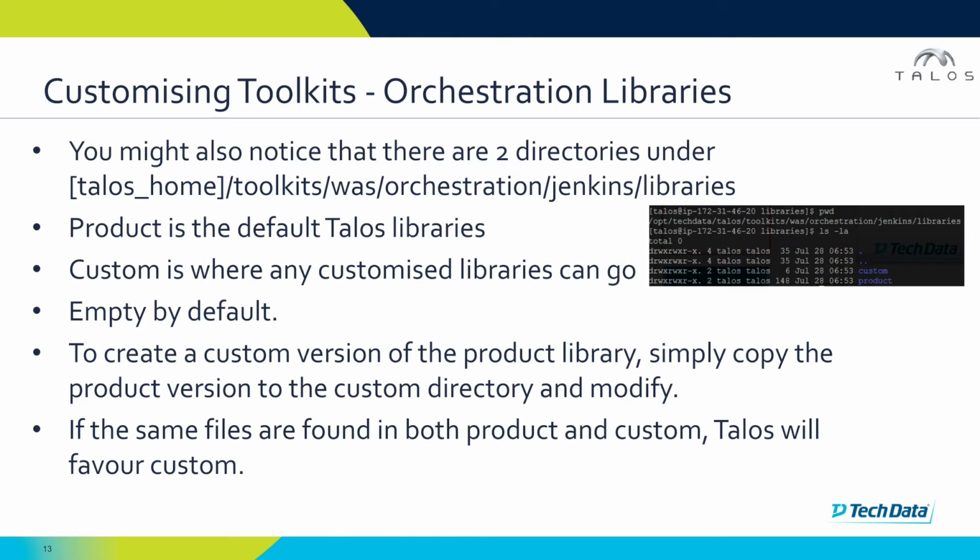Custom is just an opportunity for a user, if they have custom needs or they see a better way of doing things, they can put their own files there and it will use those libraries instead of the product ones. So it's empty by default, and to create a custom version, you simply copy the file from the product folder into the custom folder, modify it accordingly, and if it finds a file with the same name in custom, then it will override the product version.